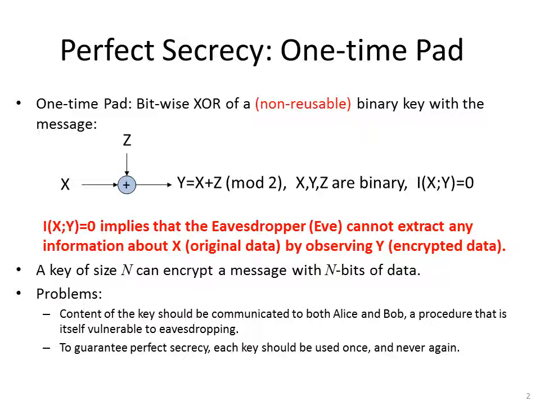Now, as mentioned, a key of size n can encrypt a message of n bits of data, and this key should be used only once. Otherwise, there are dependencies that exist in the message, for example in English text, where the probabilities of different characters are different.